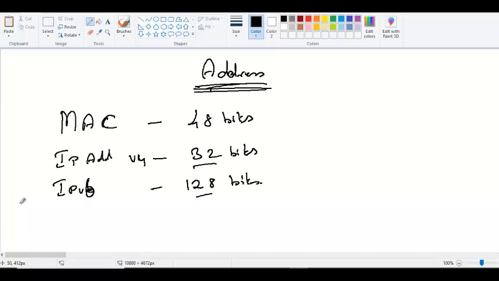So migrating from 4 to 6 is already done in most of the core networks. Migration is done. Only the end users like you and me are still not added to IPv6.